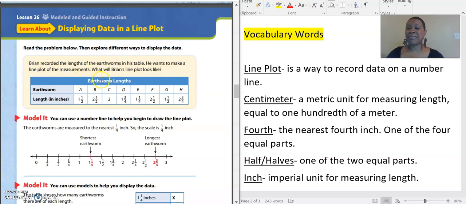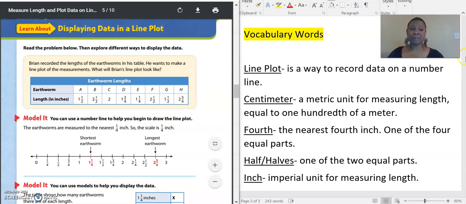So here you have the title of the graph, earthworm lengths, and each earthworm is labeled with a letter A, B, C, D, E, F, G, H. So we have that many earthworms, and they tell you the different lengths of each earthworm.